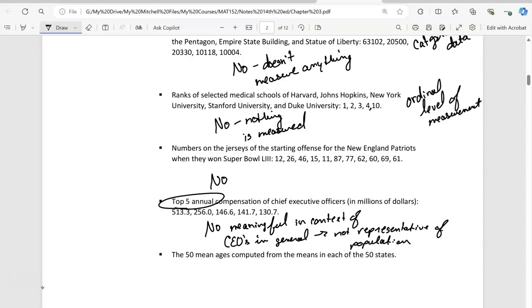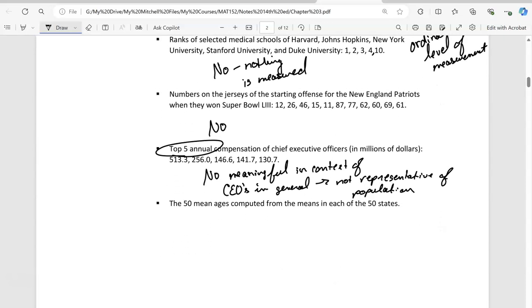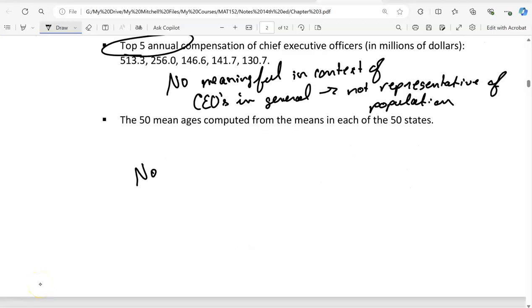And then the last one, we have 50 mean ages computed from the means in each of the 50 states. Is this going to be meaningful? I'm going to say no, it's not going to be meaningful. There are several things that make this not meaningful. Some states are more populated than others, right?